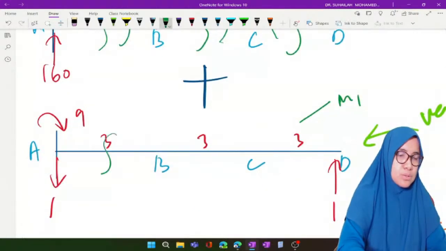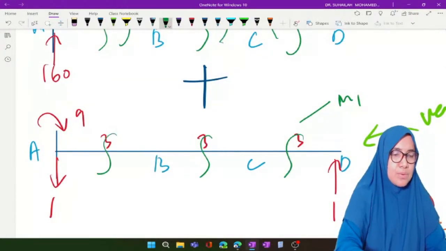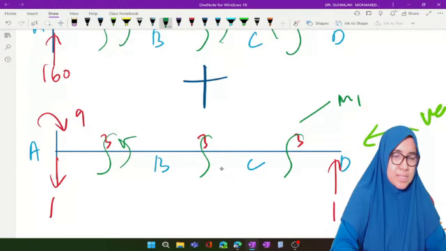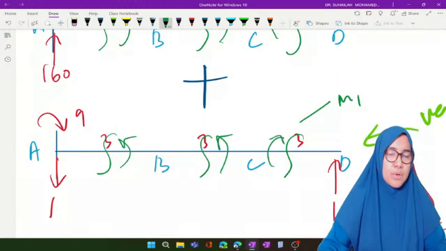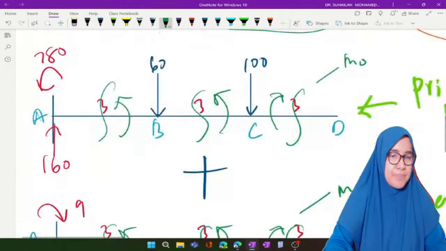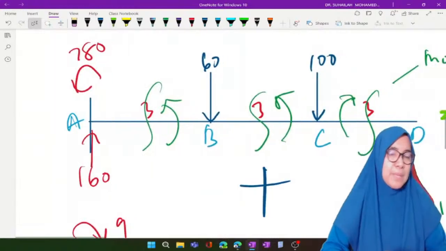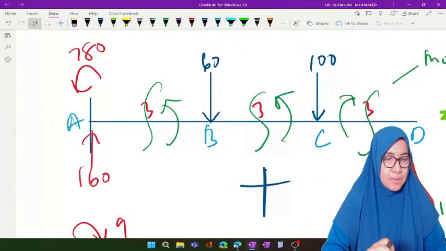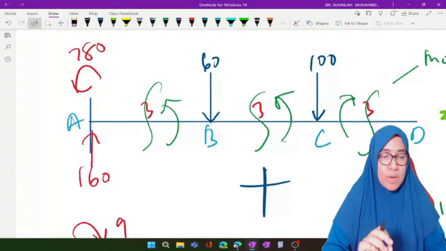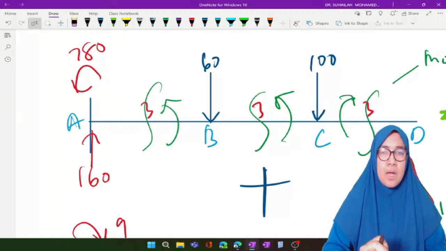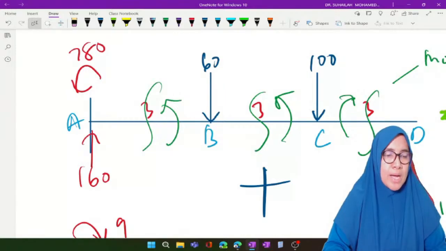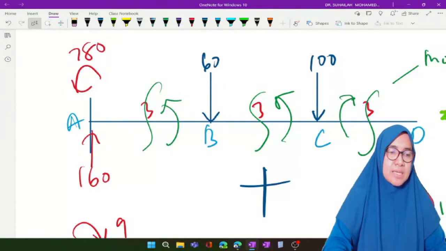So for the redundant, we have to follow the same. For AB, origin A, it is 160x minus 780.